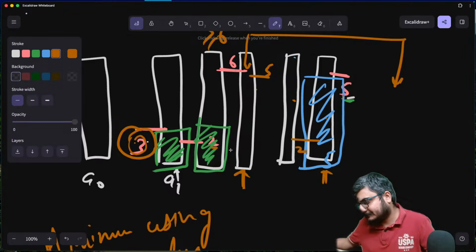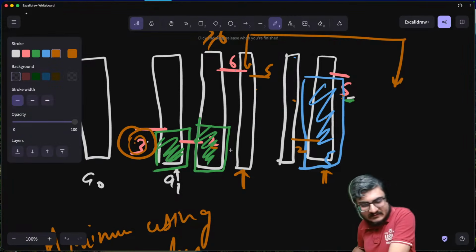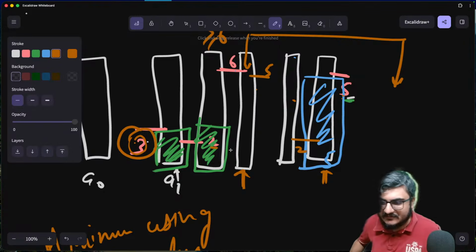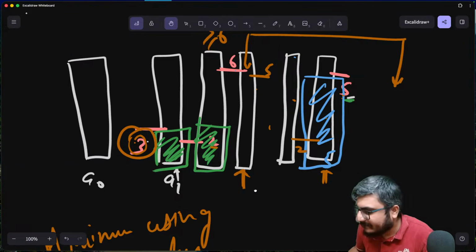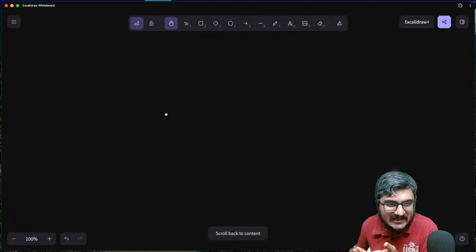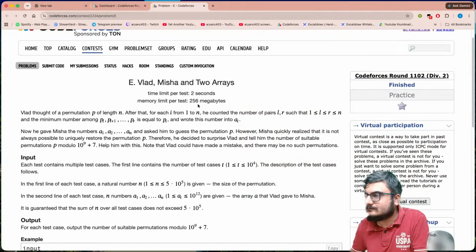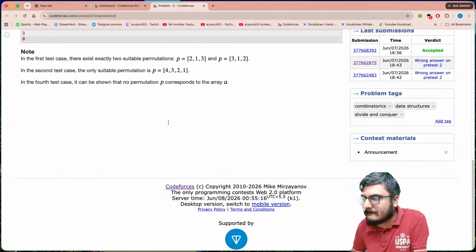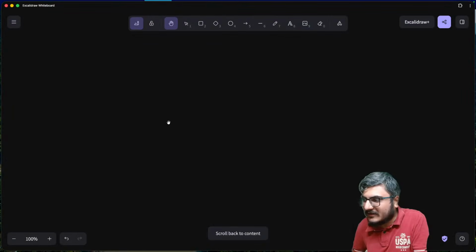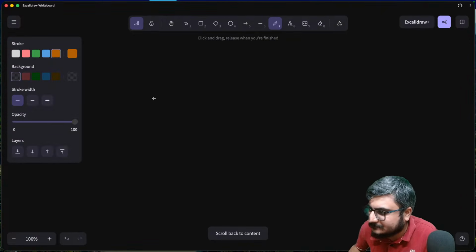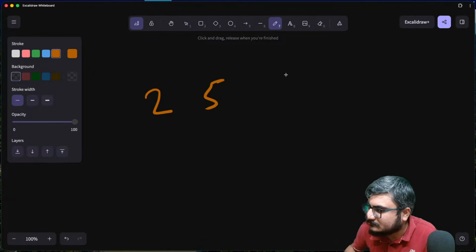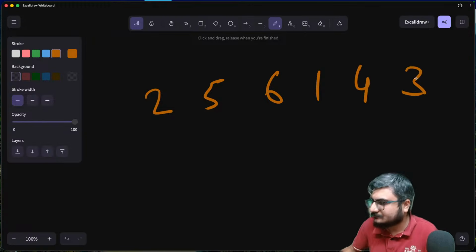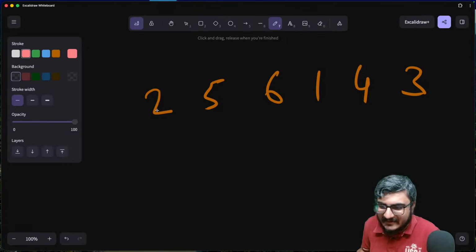TLDR is like this. Let's say we first start with the permutation P. Permutation means all the numbers are unique from 1 to n. So for example, if this is my set, I count how many subarrays of this permutation have minimum element equal to 2.